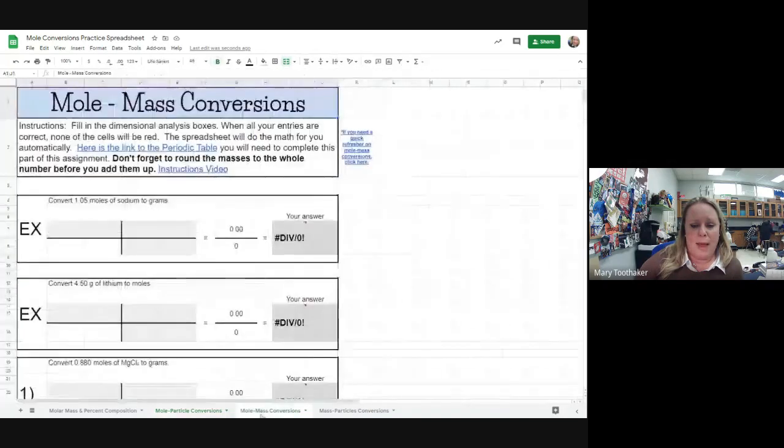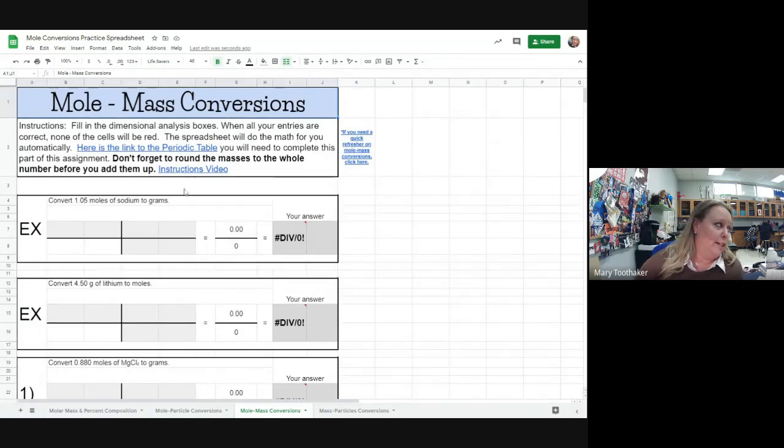And then mole mass, that's what we talked about today. Do the same thing. It's dimensional analysis. Plug in the given, 1.05 moles. No, I'm not grading that. If you want to try it out and play with that so you don't mess it up, that's fine. 1.05 moles. I've got moles here. I'm converting it to grams.